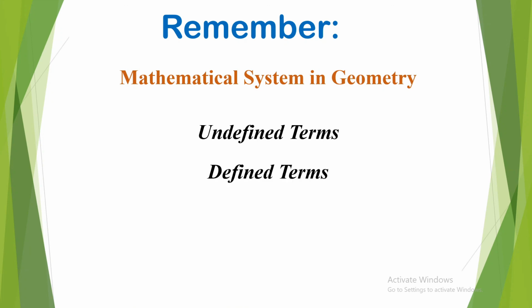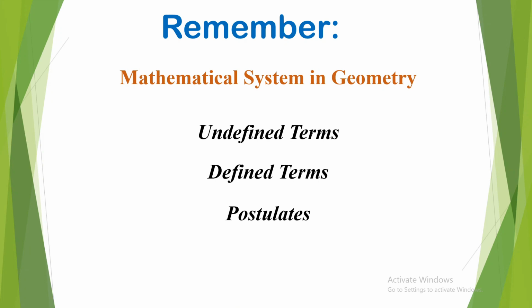And second, we have the defined terms, which include the segment, the angle, parallel lines, perpendicular lines, right angles, congruent segments, linear pairs, complementary angles, vertical angles, angle bisector, and midpoint.